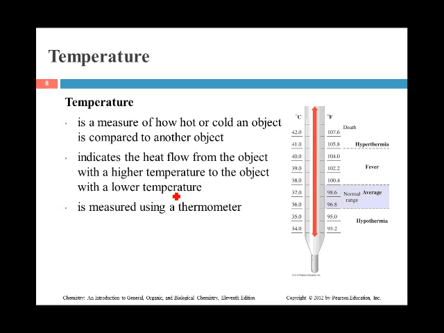Well, they're referring to degrees Celsius, not degrees Fahrenheit. So it could still be summertime if they said 27 degrees Celsius. This is the metric. And this is the SI unit, kelvins. Alright, the measurement of temperature is just determining how hot or cold an object is compared to something else.